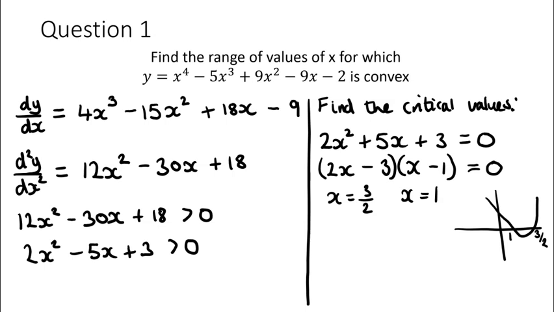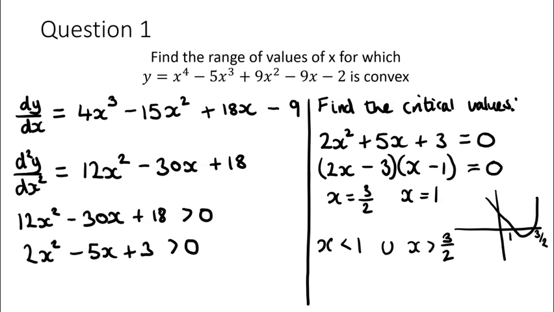Okay, so that's where the quadratic would equal 0. I want to find where this quadratic is positive. So if when x is 1 and x is 3 over 2, the quadratic equals 0, I can see from just a little sketch here, okay, it's a positive quadratic, so it's going to have that U shape. I can see that if x is less than 1, or if x is greater than 3 over 2, then you've got solutions there.